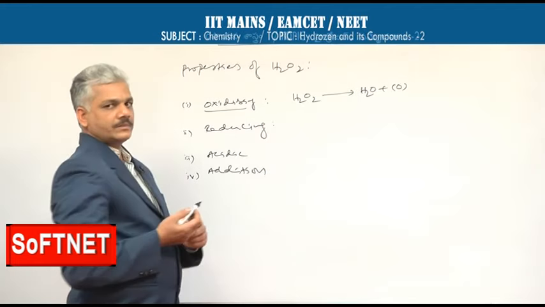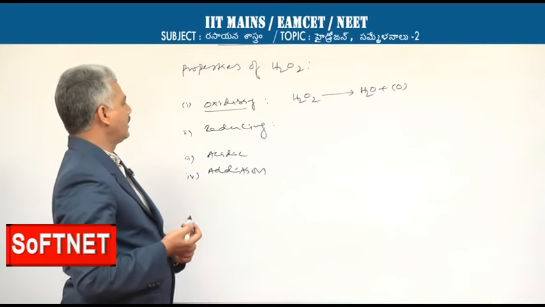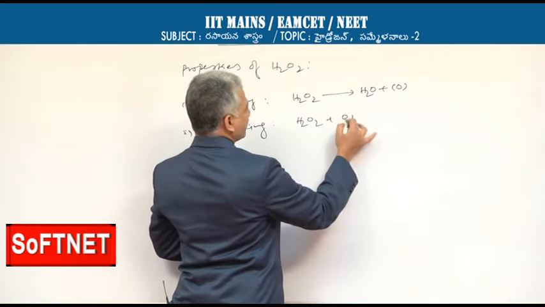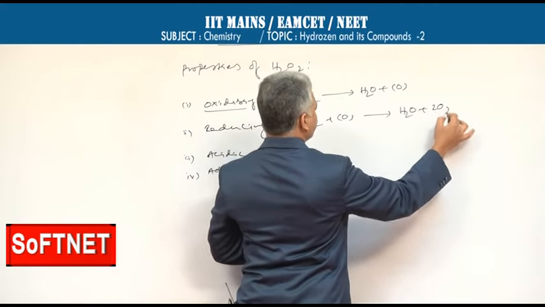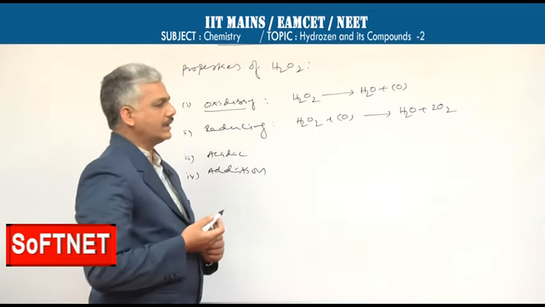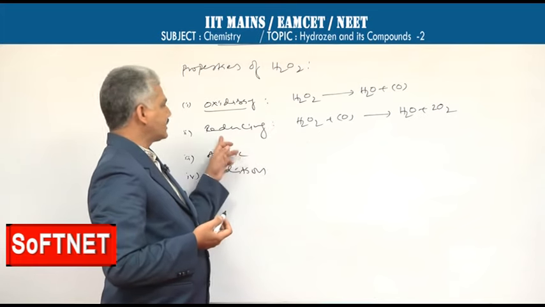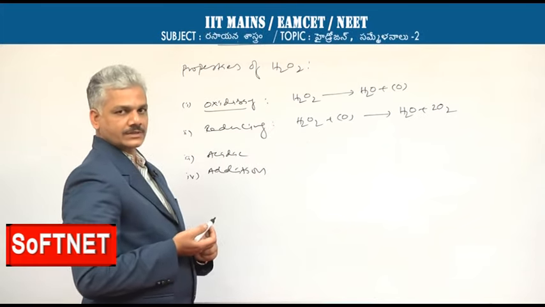Then, in the presence of stronger oxidizing agents than hydrogen peroxide, it accepts nascent oxygen and in that process gets converted into water and molecular oxygen. This is the reaction responsible for reducing properties of hydrogen peroxide.